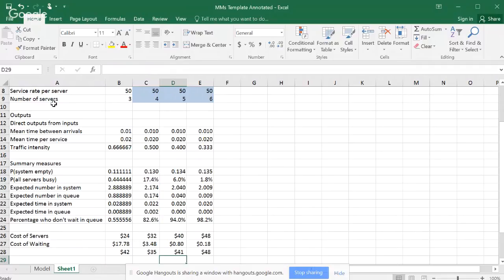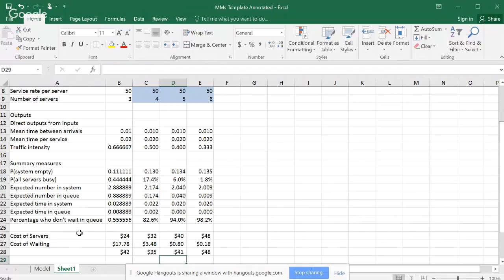Very good. If you choose to have 6 servers, what is your total cost? $48. Okay. If you choose to have 3 servers, what is your cost per server? Or I'm sorry, what is your cost of the servers, not per server? 24. All right. So now let's get into some of these numbers.